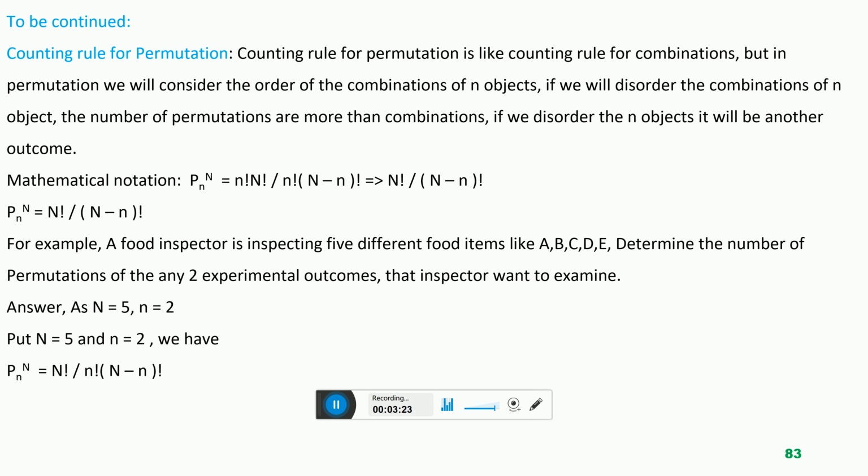I am again repeating that the counting rule for combination and for permutation is almost the same thing. The only difference is the order, tartib, of the selected group of items.